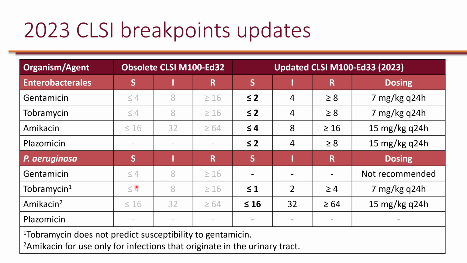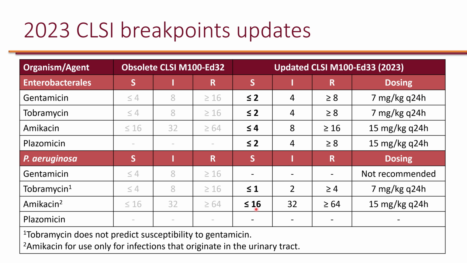For tobramycin, the breakpoint was reduced from less than or equal to 4 to less than or equal to 1, and that is based on the dose that we can use safely in patients, because if we increase the dose, we can cause unnecessary toxicity. And with amikacin, it has remained the same.